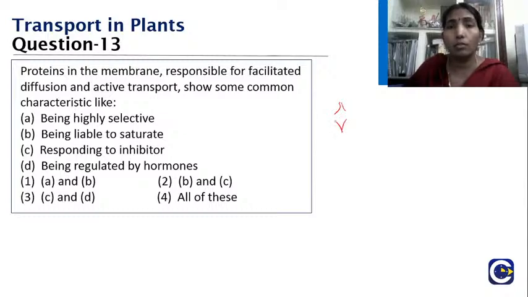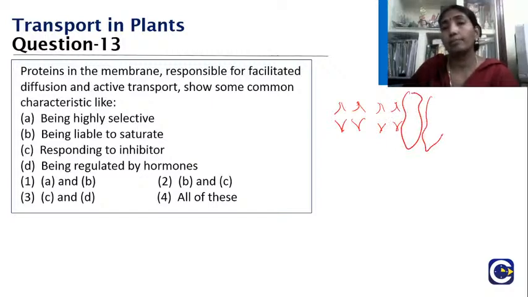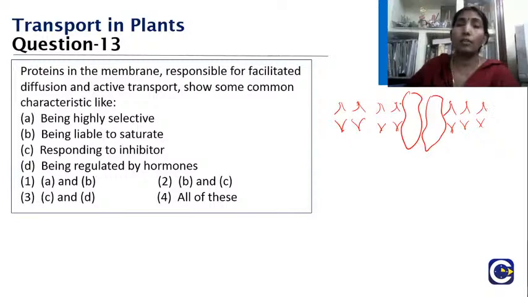So when it comes to facilitated diffusion, you see we have channels like this. So what is going to happen here? In facilitated diffusion and in active transport, you have some proteins.